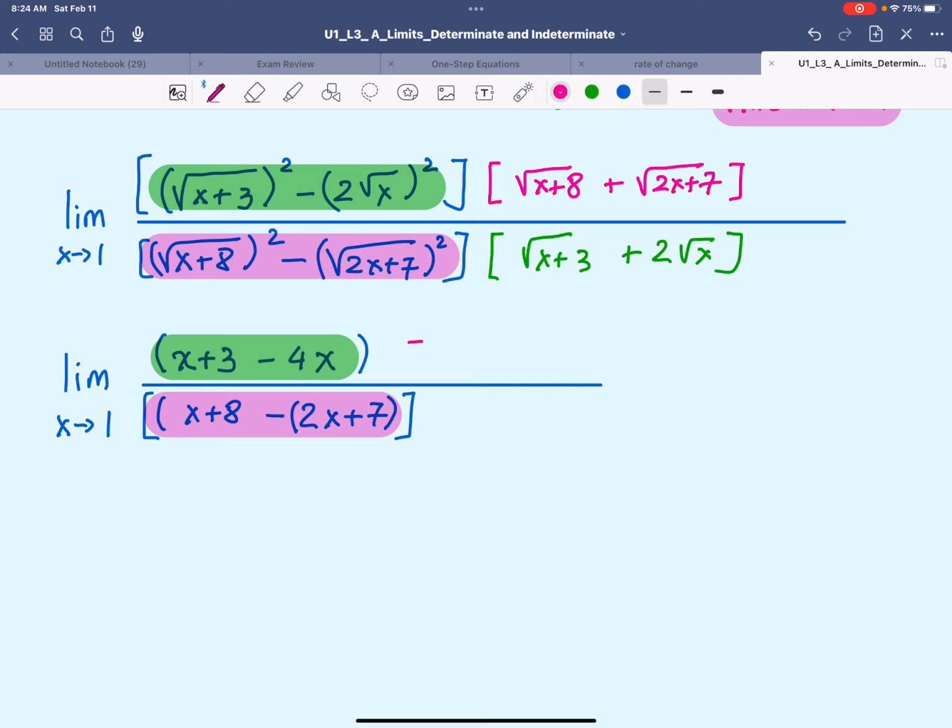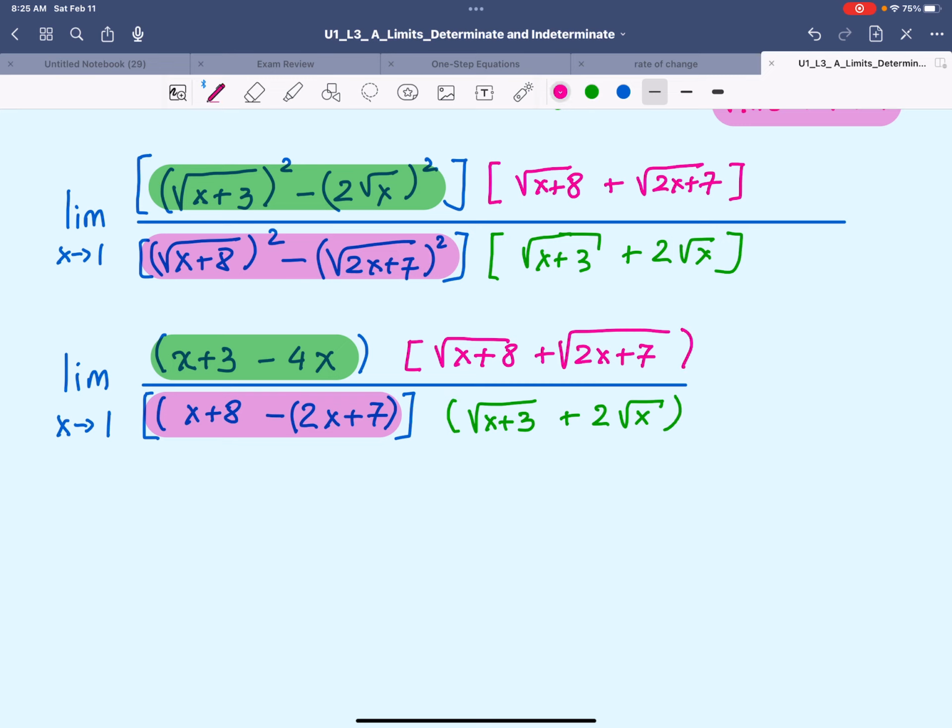So at simplifying, at skipping steps, right? Reasonably. So we still need to show our work. So 2x plus 7, and then we have down here the root of x plus 3. You know what, I'm going to make the roots close at some point here. So here we go. And here we are, we're getting closer to simplifying this entire thing.